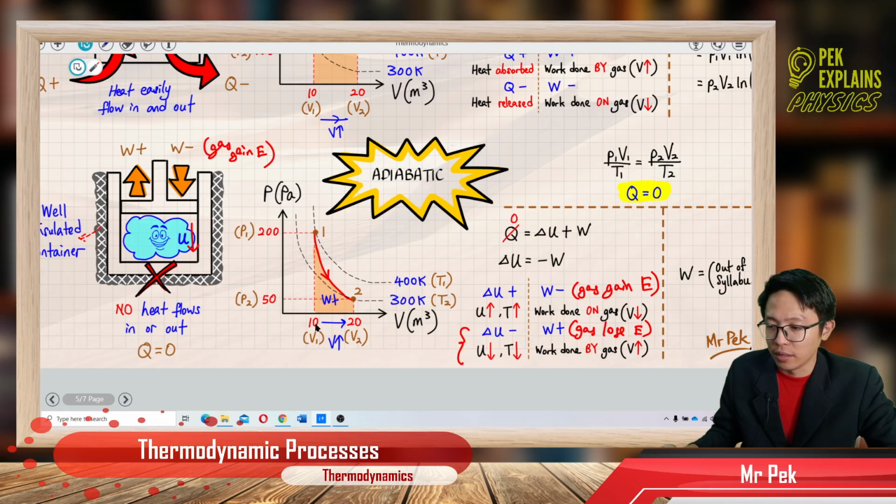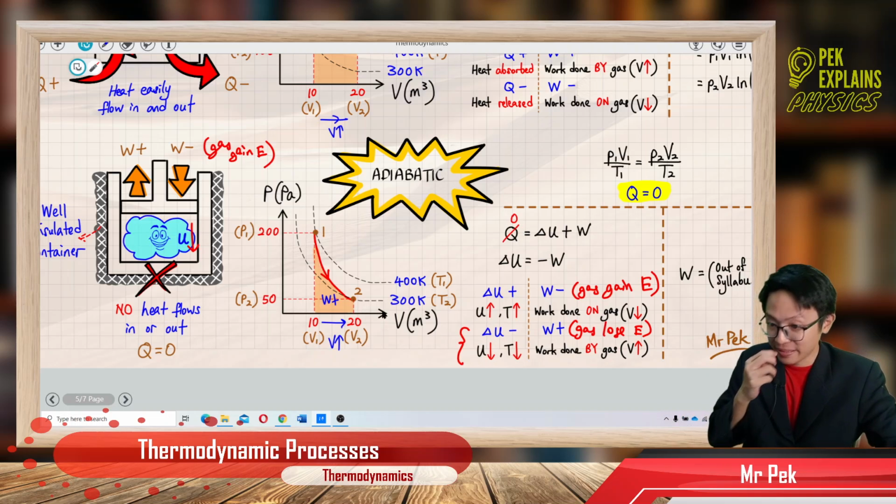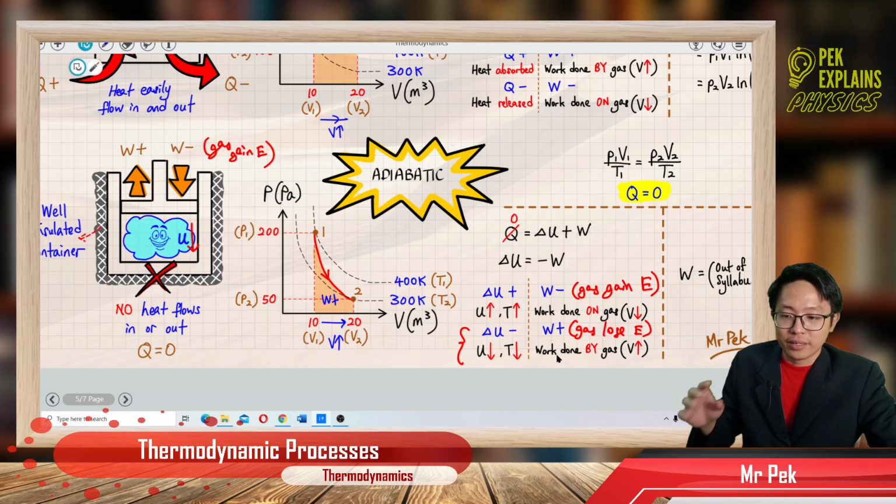So when volume increases, when the gas does work, what happens to the internal energy? When the gas does work, it loses internal energy. Still remember? As I said, when work is done by gas, it will lose energy.